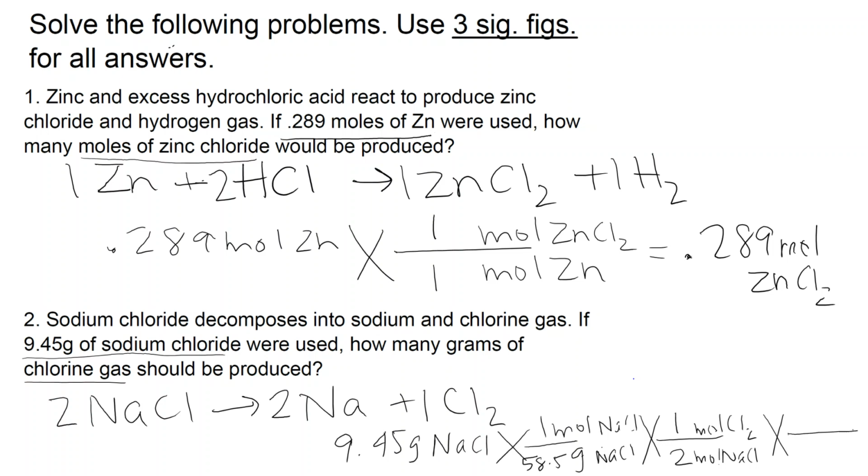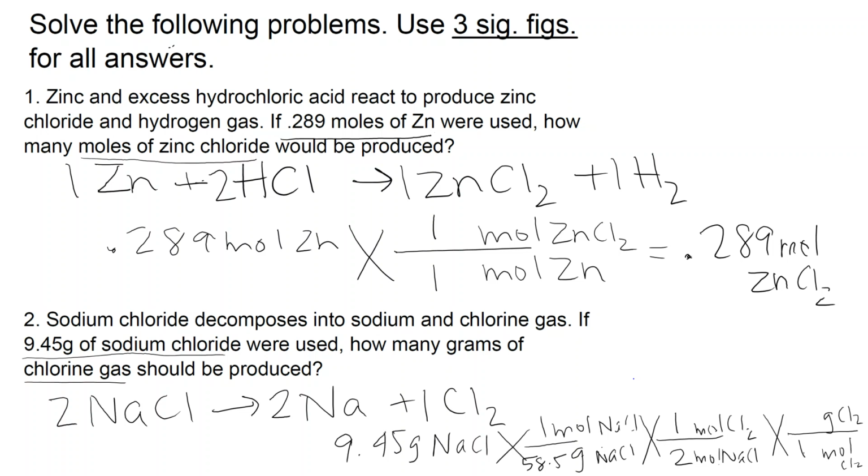And then our final step is to change it from moles of Cl2 into grams of Cl2. And then for these, we plug in 1 mole for the Cl2, and then we have to plug in the molar mass of Cl2.